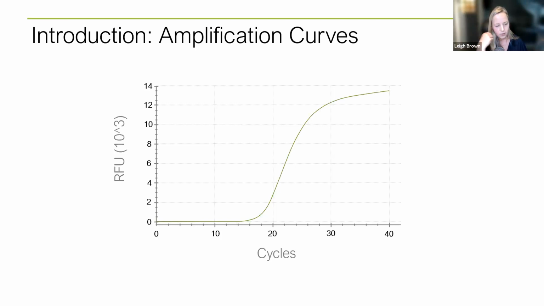And so for SYBR Green or a singleplex probe-based assay, so one that you haven't multiplexed, right? Each experimental reaction well will have a single amplification curve. If you're doing multiplex PCR, you will have multiple amplification curves, right? And typically those are denoted by different colors, okay?